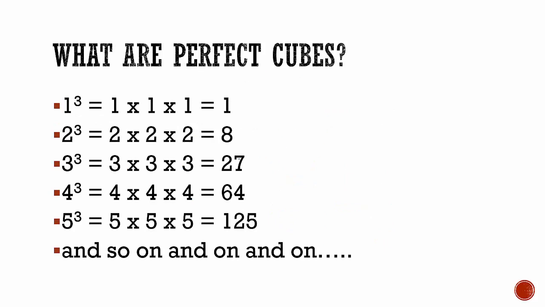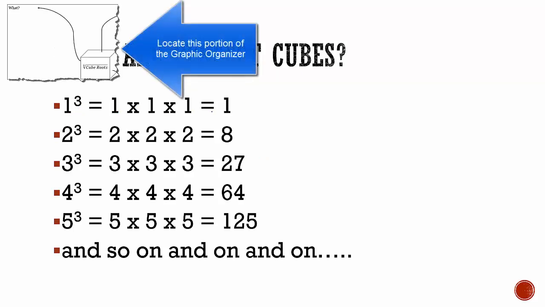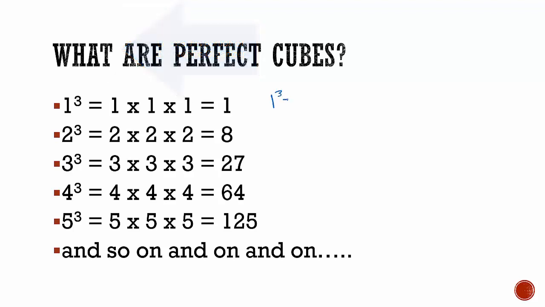So perfect cubes. This is 1 to the third power, which is 1 times 1 times 1, just equals 1. So 1 cubed equals 1. Therefore, the cube root of 1 is just 1. 2 cubed, or 2 to the third power, is 2 times 2 times 2, which is 8.